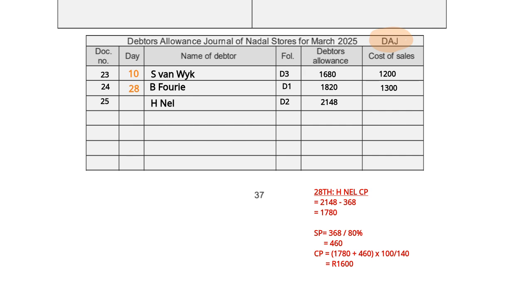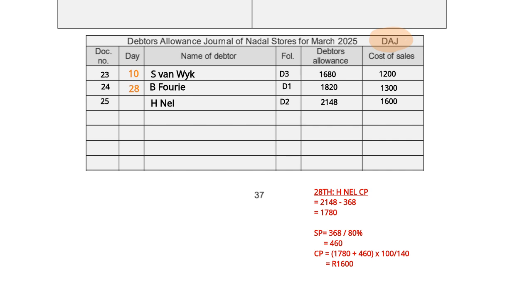So that gives us 460 Rand. Now to get our full selling price, we're going to say 1780 plus 460. Once we've got that answer, we can times it by 100 divided by 140, and then we get 1,600 as our cost of sales. Now we've completed all the entries that go to our debtors allowances journal.